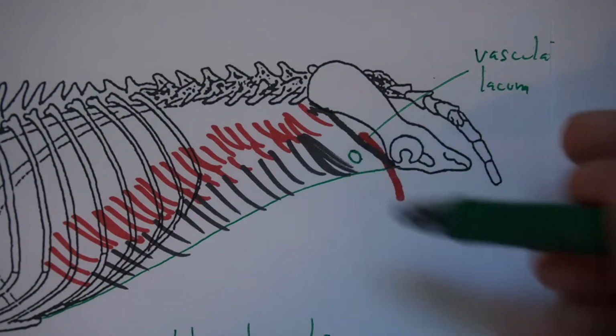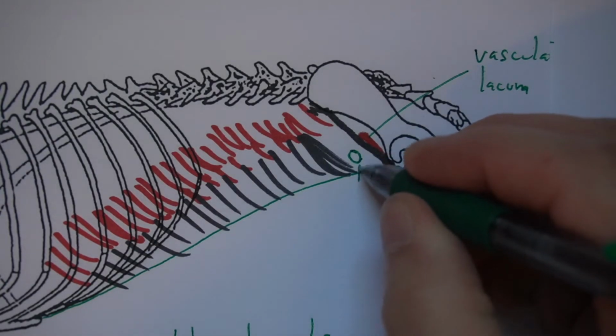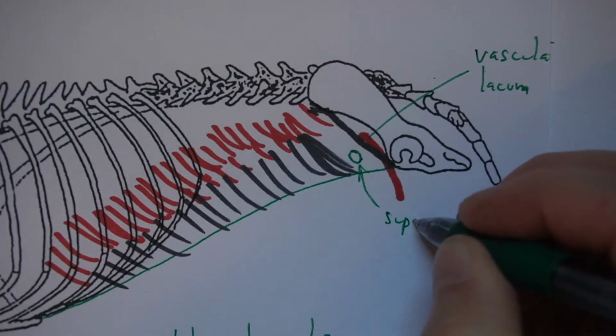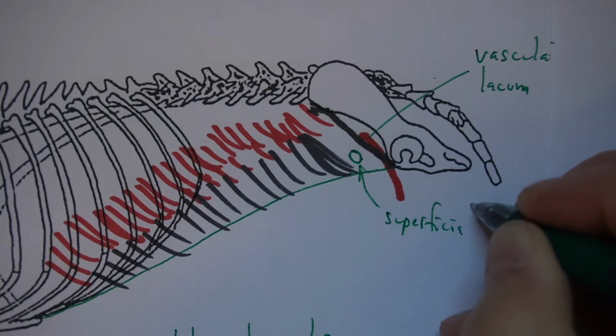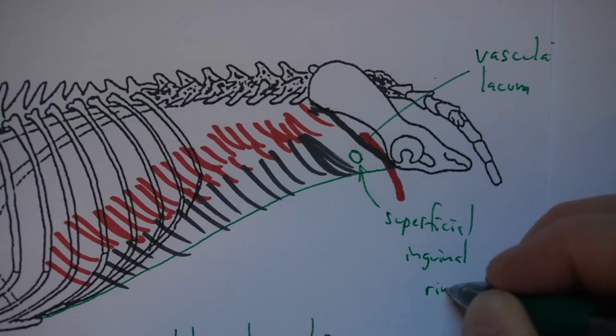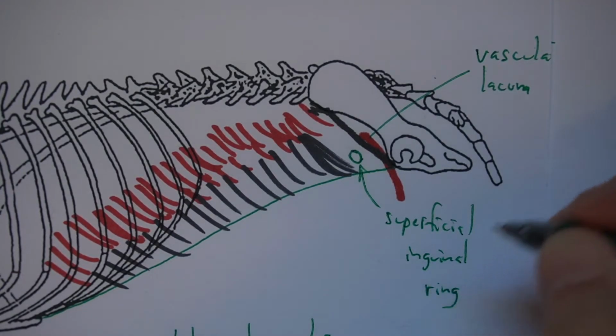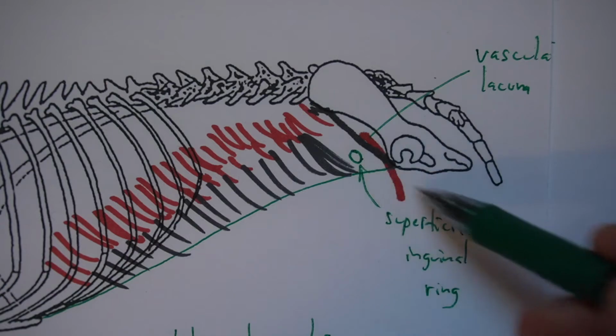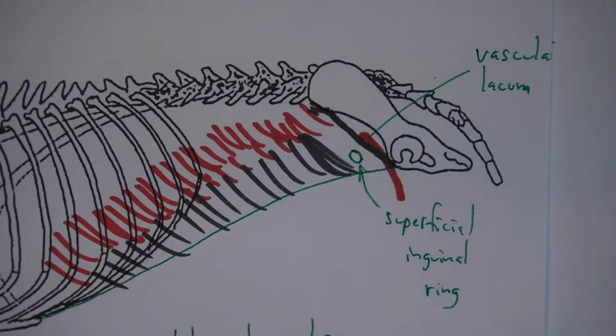This hole right here, this is your superficial inguinal ring. I will talk about all those when we talk about the male system and the testicular descent. That allows the gonad to come out in males.